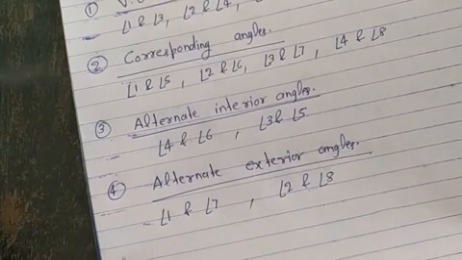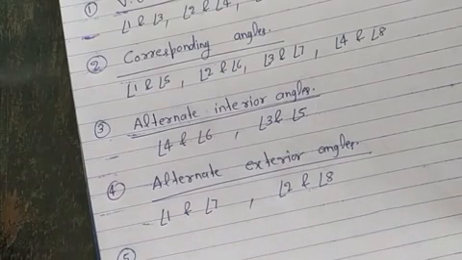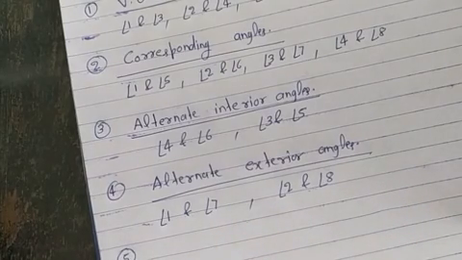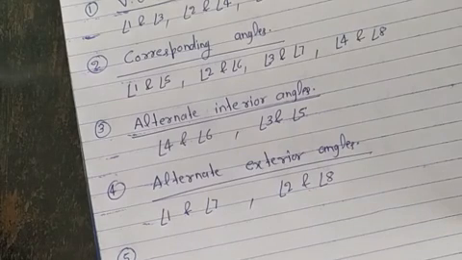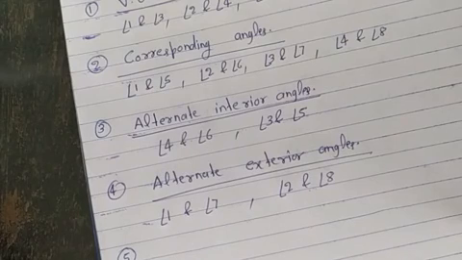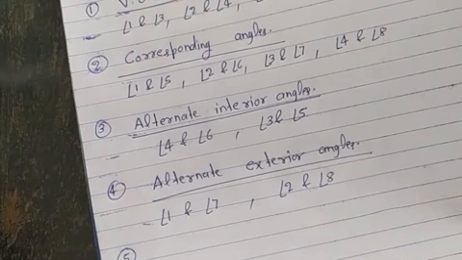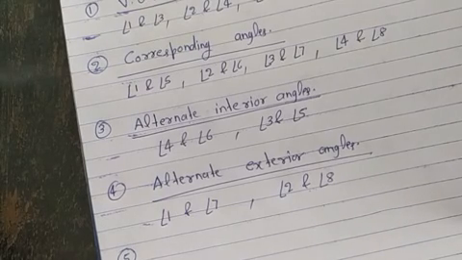And the fifth one is known as interior angles on the same side of the transversal, as well as exterior angles on the same side of the transversal, but we name them co-interior angles, or consecutive interior angles.